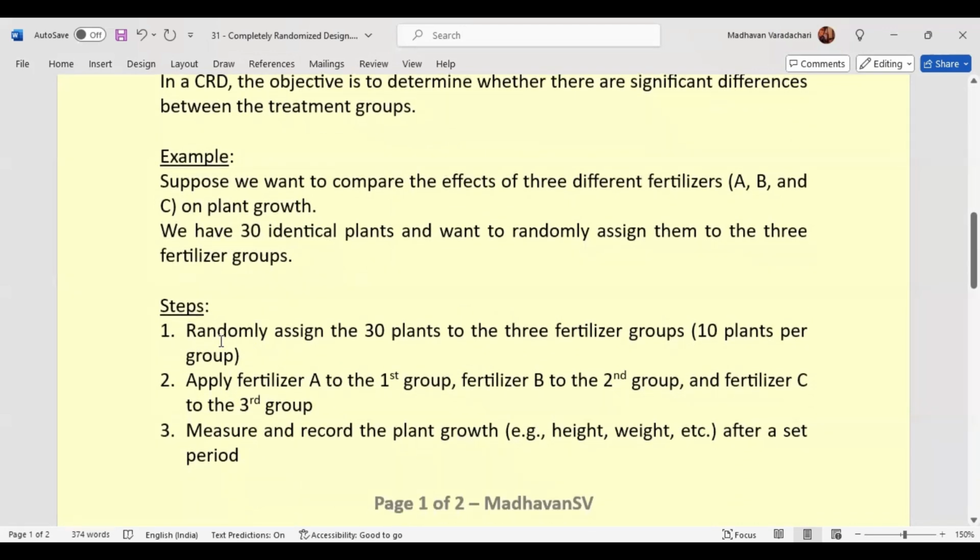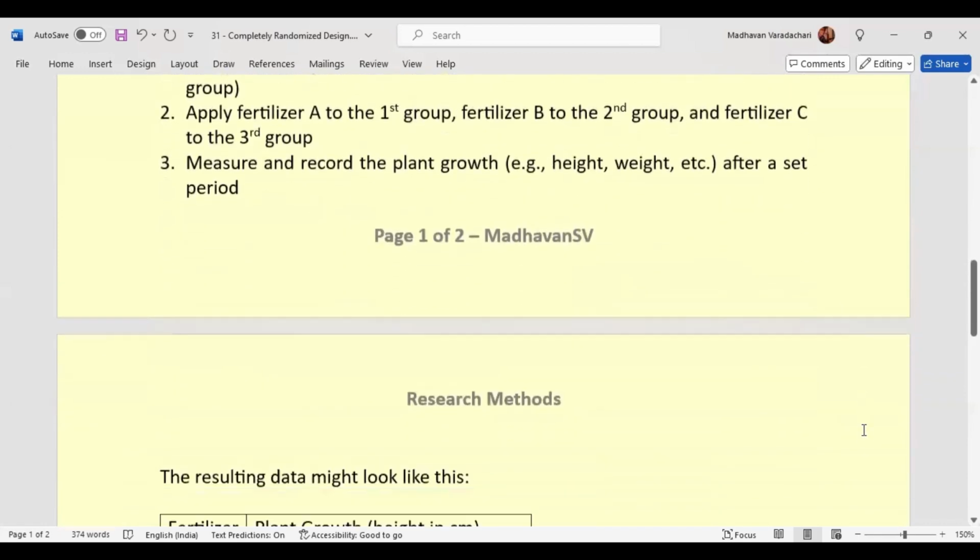Step 1, randomly assign the 30 plants to three different fertilizer groups, like 10 plants per group. Then apply fertilizer A to group 1, fertilizer B to the second group, fertilizer C to the third group. Then measure and record the plant growth. For example, it can be height or weight, generally height after a set period.